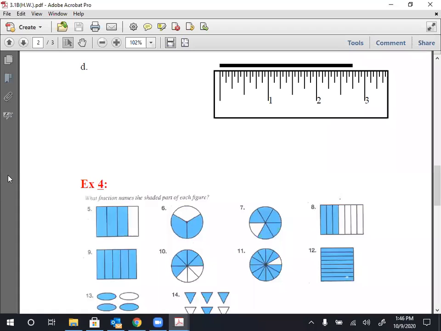Look at number 7. How many total parts do you have? 6 parts. How many are shaded? 5. Okay, so 5 shaded out of 6 total.